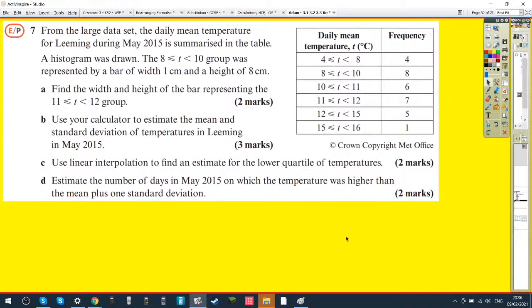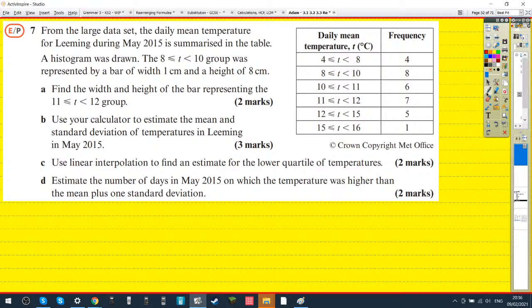Okay, large data set. Right, let's try it. So would you do 12 minus 11?